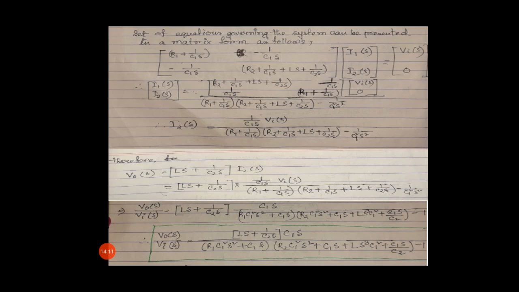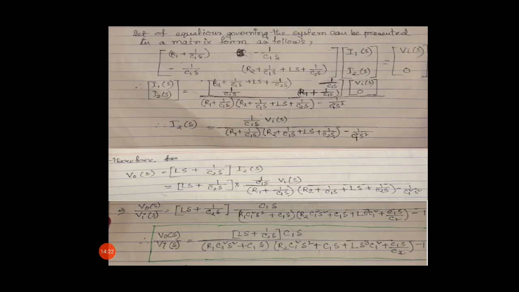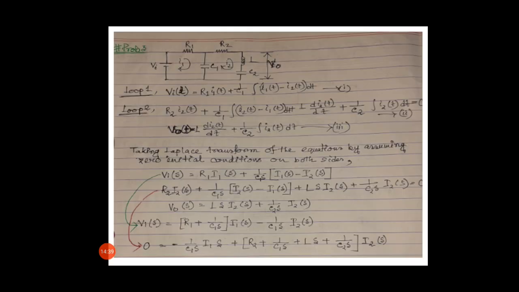So now we put this I2(s) in our V_0(s) equation. After putting I2(s) in the V_0(s) equation, we get this type of equation. From this equation we find the transfer function of this system.